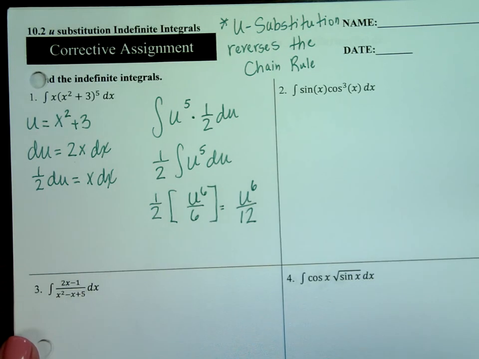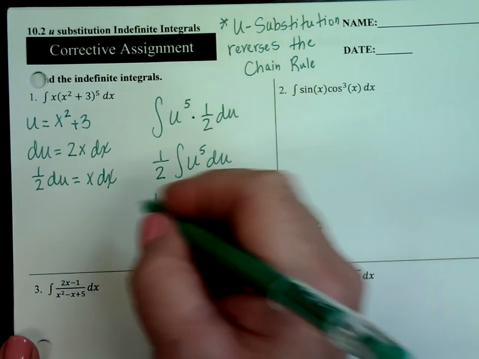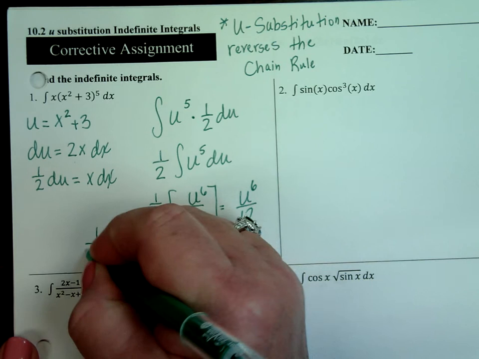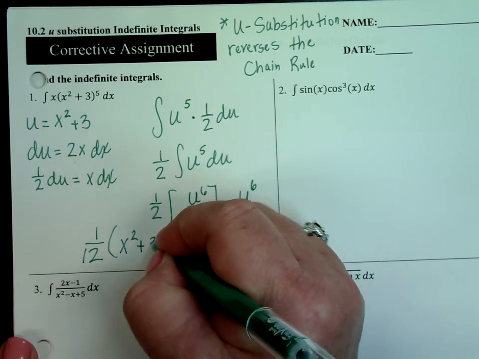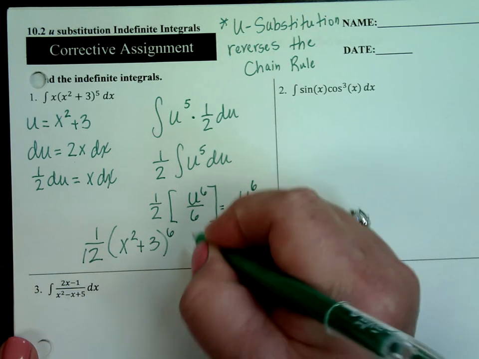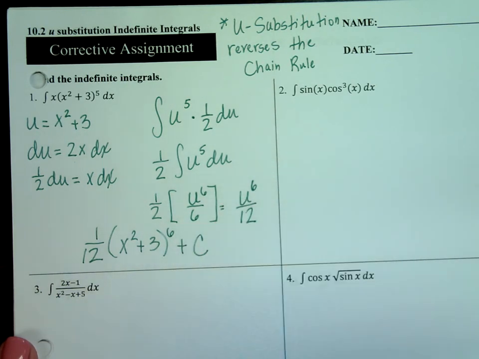Yeah, that sounds like bad English, but got to put back what U is. All right, here it goes. I am 1/12, and I am an x squared plus 3 to the 6th power plus C, and that, my friends, is the integral using U-substitution.